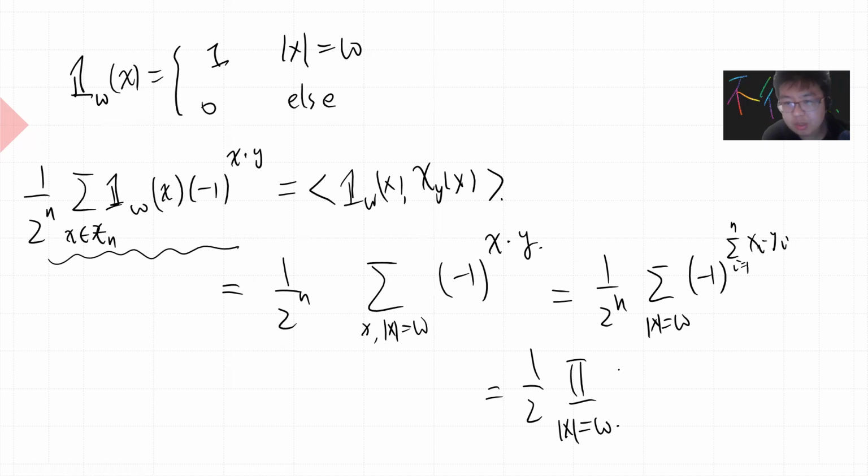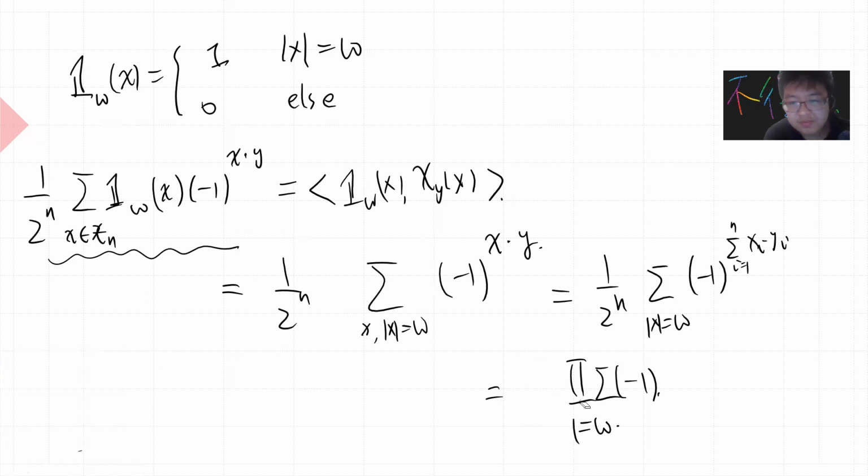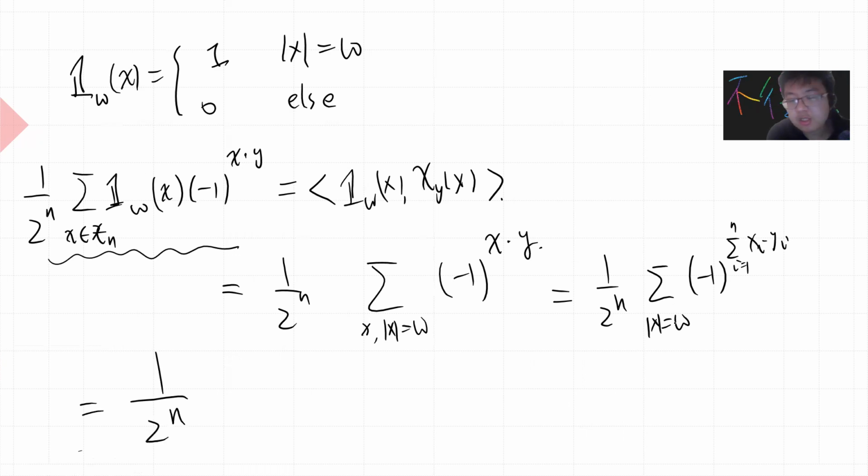And the minus 1, you do a summation. This is the technical part that we need to spend some time to understand what is going on. So this is the sum over all the weights with W. Let's try to write and see that.